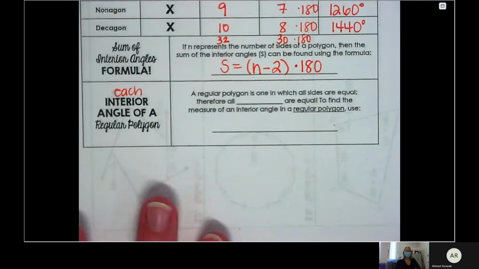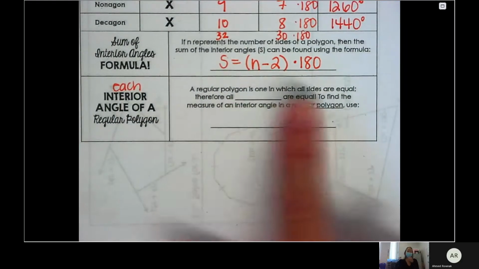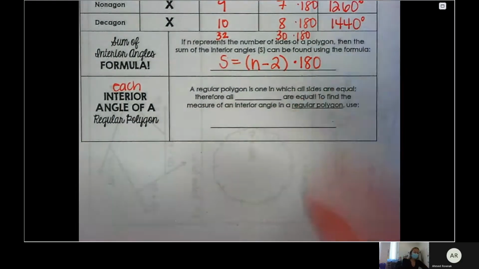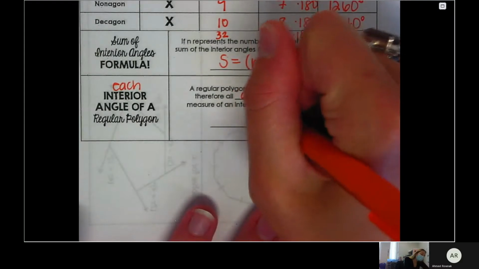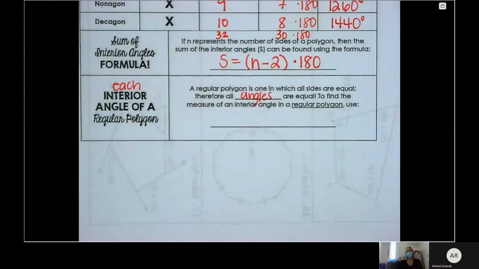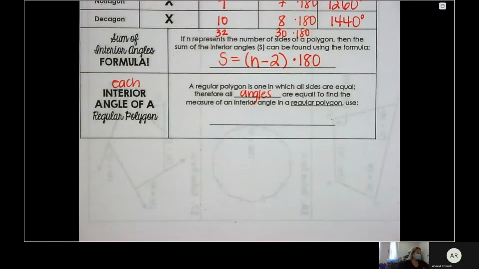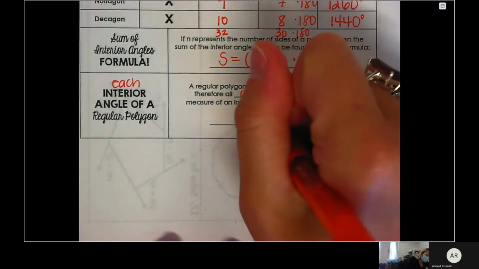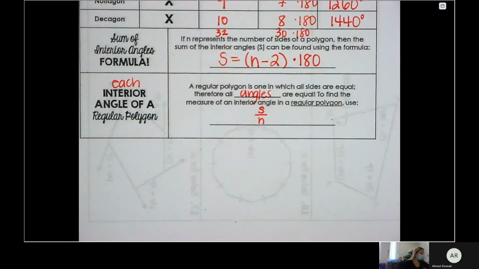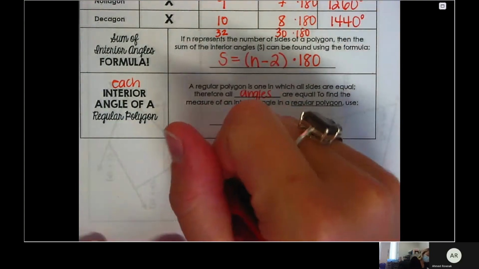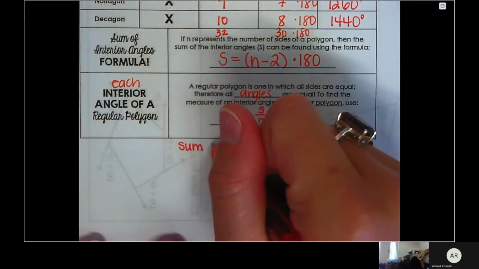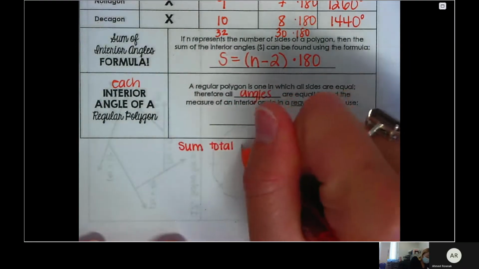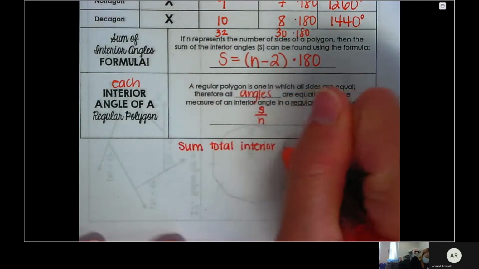So, in a regular polygon, all of the sides are exactly the same, therefore all of the angles are also exactly the same. To find the measure of each interior angle of a regular polygon, we're going to use the formula S divided by N, which just means we're going to take the sum of the total interior angles, right?